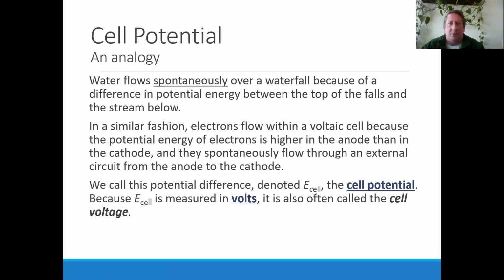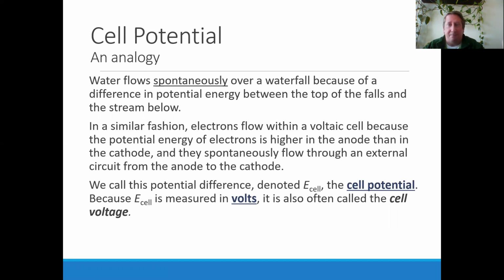Think of a waterfall. We know that water spontaneously moves from the top of the waterfall to the bottom because there's a difference in potential energy from the top to the bottom. There's a higher potential energy at the top of the waterfall and a lower potential energy at the bottom. So the water flows from the higher potential energy position to the lower potential energy position.